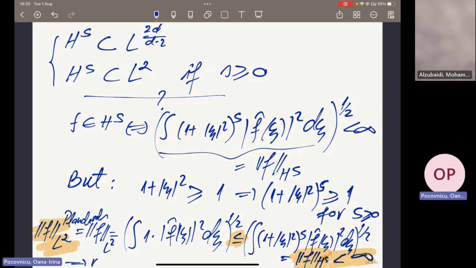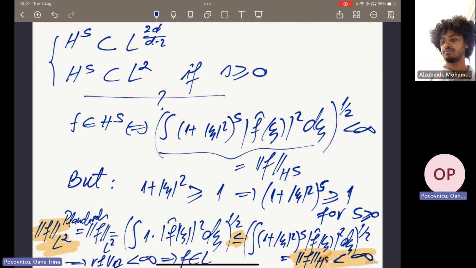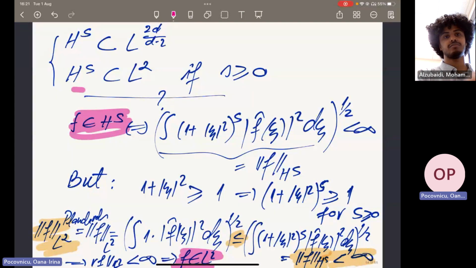So f belongs to L^2. Whenever we have f in H^s, f is also in L^2. So H^s is a subspace of L^2.